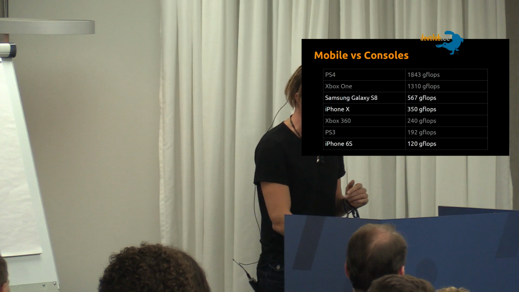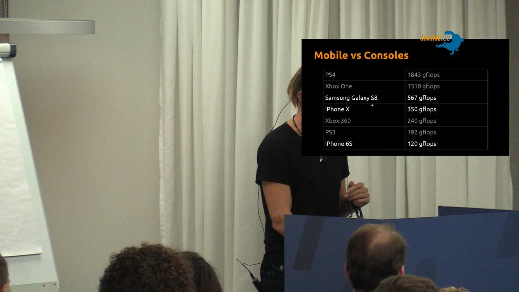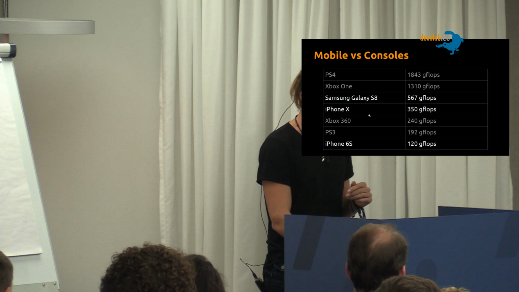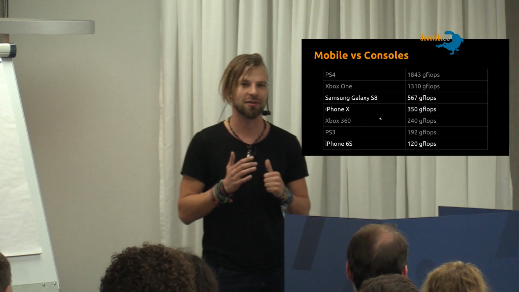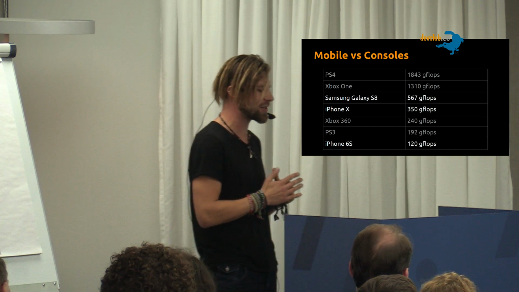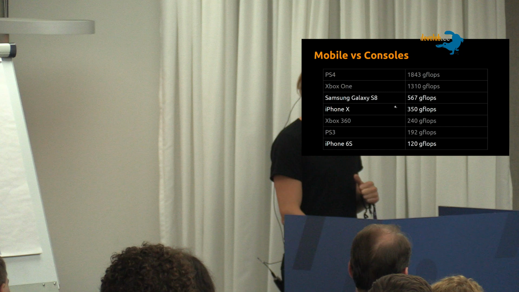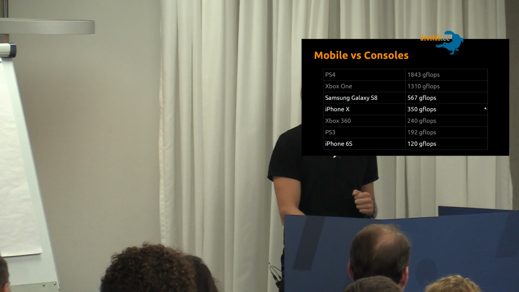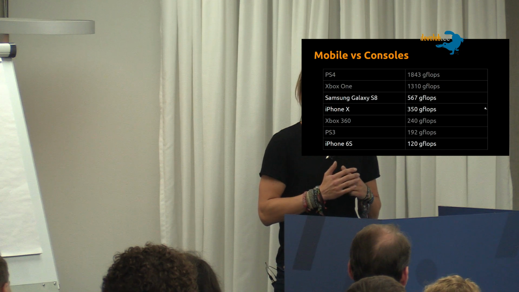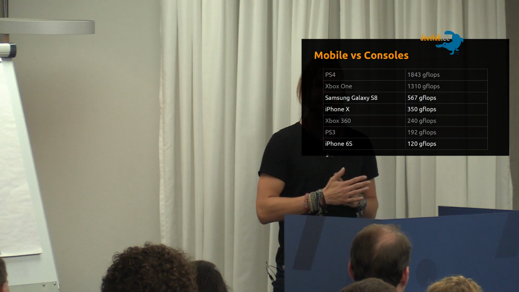You can see that current modern mobile phones like the Samsung Galaxy S8, a modern Android device, and the iPhone 10 are already faster than the previous generation of gaming consoles, and they're getting quite near the current generation.